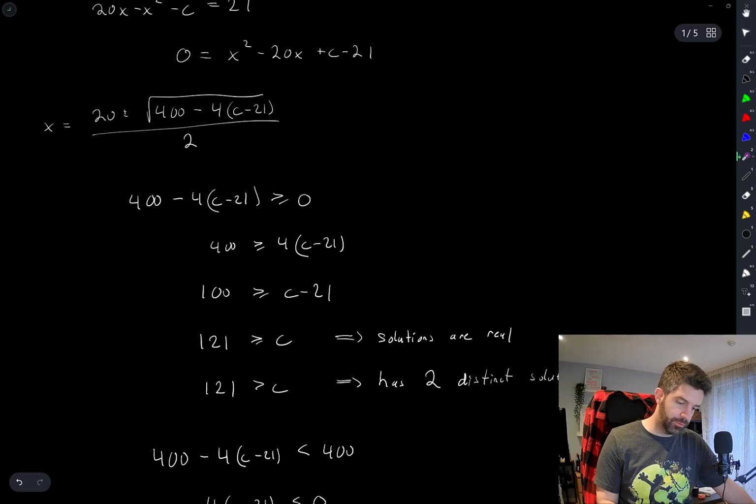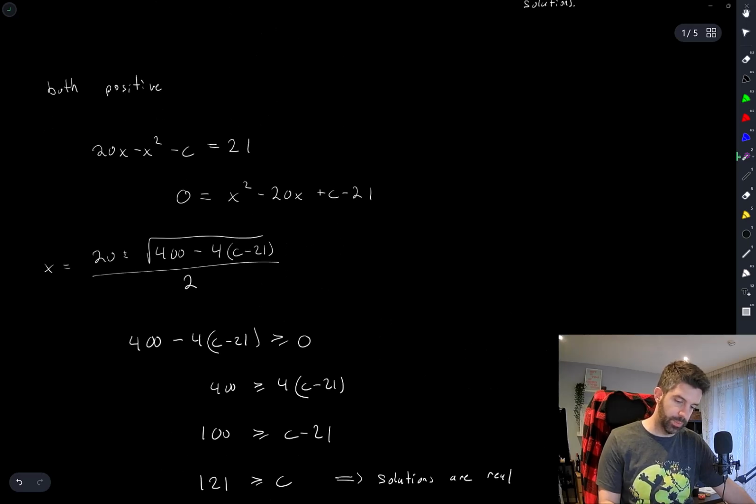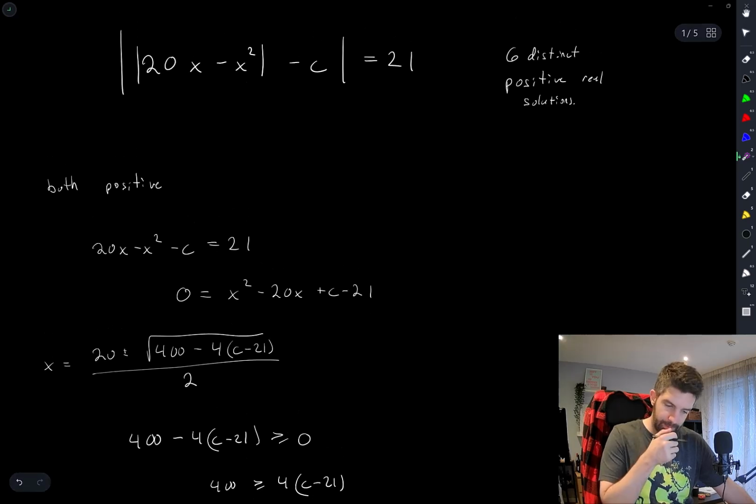So the 2 positive solutions I have, one is greater than 20 and one is less than 20. That's a problem though, because if I want this thing to be positive, I need x to be between 0 and 20.